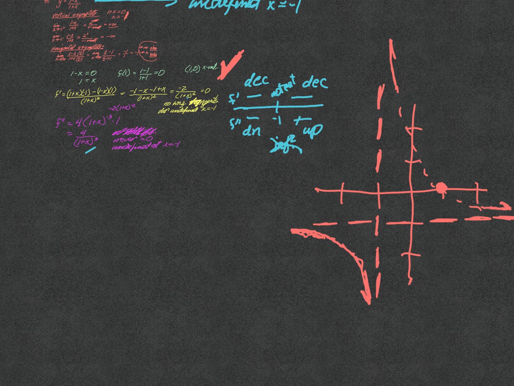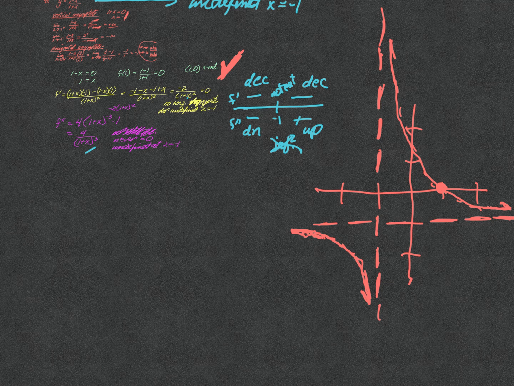And we're concave up at greater than -1. And you see how you can switch from concave down to concave up and not have an inflection point when you have a vertical asymptote there. And so I think our graph would look like this.